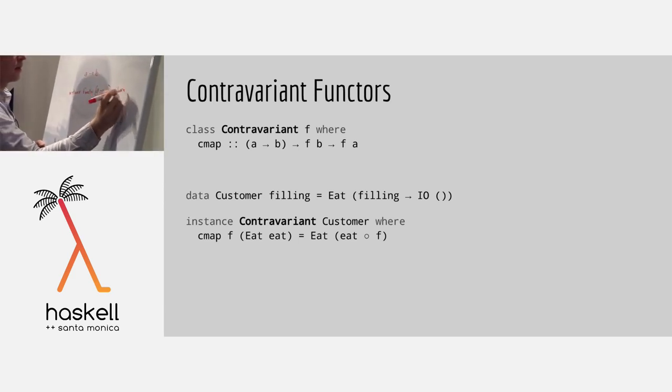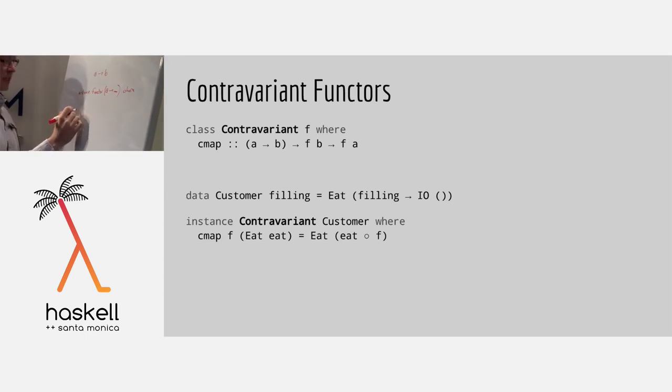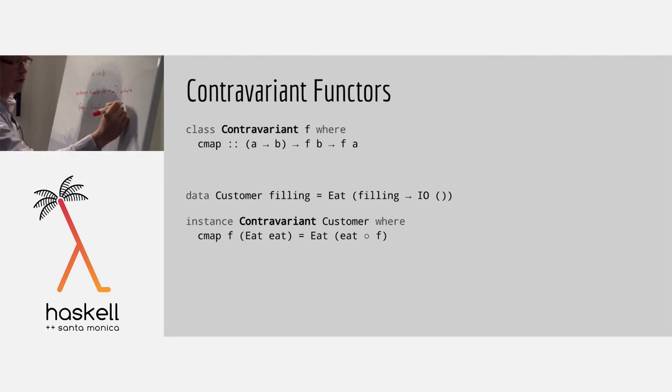Let's give a type signature to fmap. fmap says if you give me an x to a y, and I give you an f of x, so that's going to be an a to x, then you give me an f, you'll get an f of y back. So that's an a to a y.